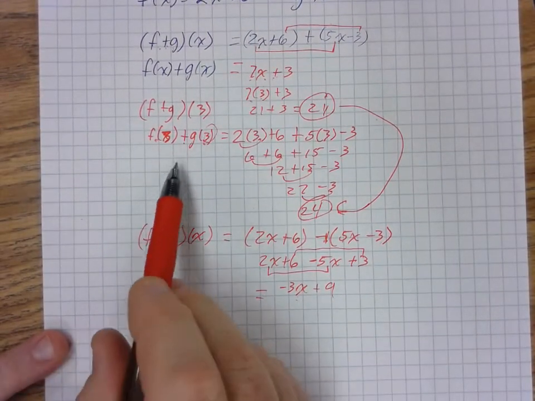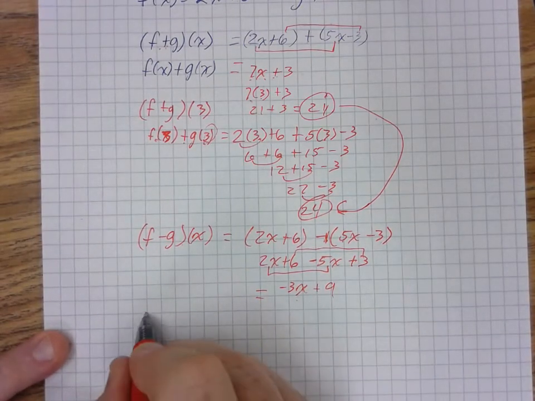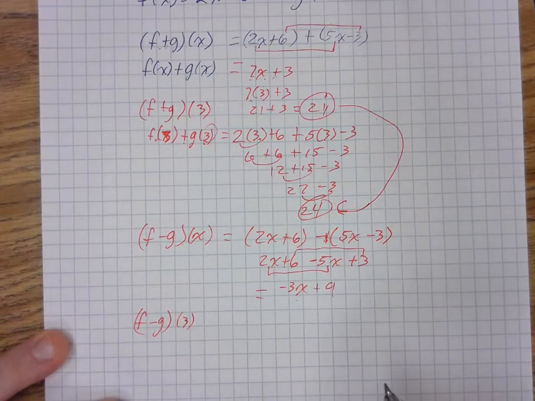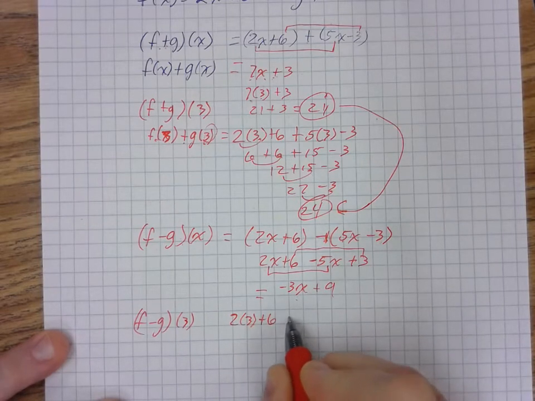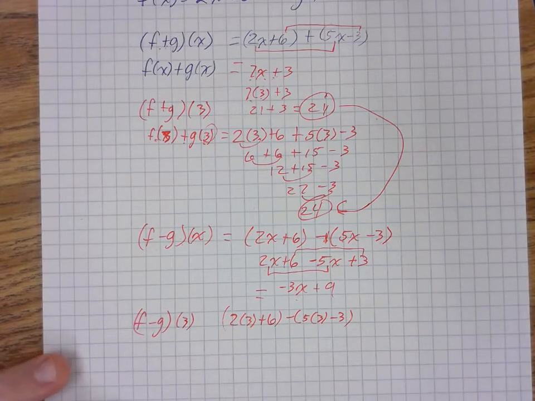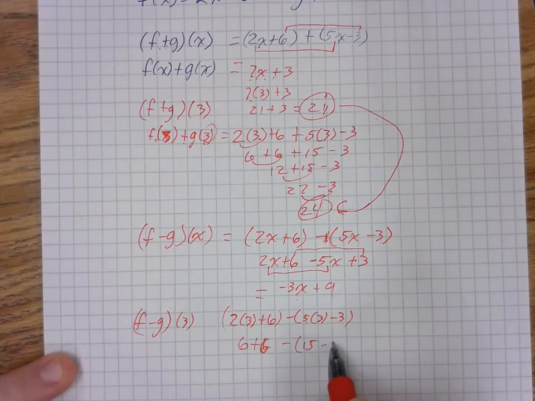Let's do the same thing up here, only we'll plug in a 3. So let's ask what is f minus g of 3? Well, that's the same thing as 2 times 3 plus 6 minus 5 times 3 minus 3. 2 times 3 is 6 plus 6, and I'm going to leave the parentheses there. 5 times 3 is 15 minus 3.